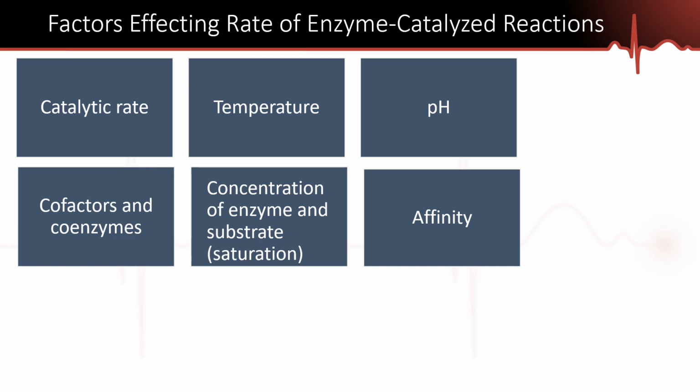Yet again, I tried to say this from the beginning, but I'll say it again. You can only generalize so much. The estimations of this vary significantly, but there's probably something like 75,000 different enzymes that exist inside of the human body. And how they'll be influenced by temperature, pH, cofactors and coenzymes is all incredibly specific to the type of enzyme that you're talking about and the location of that enzyme.